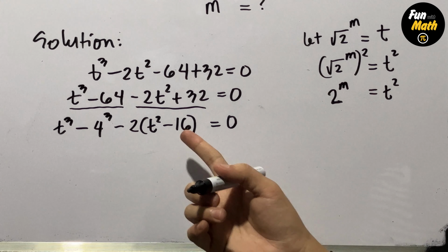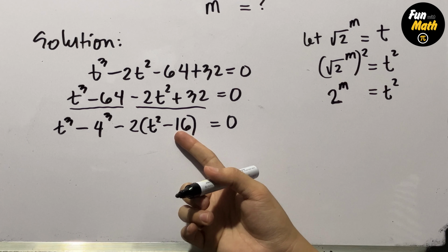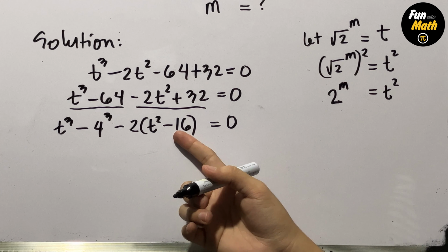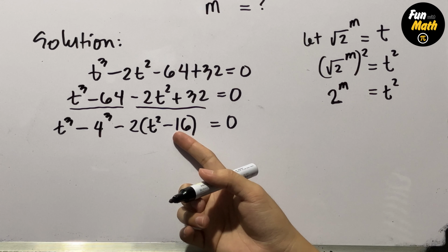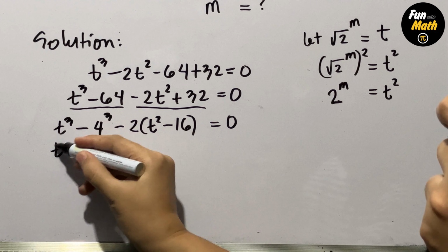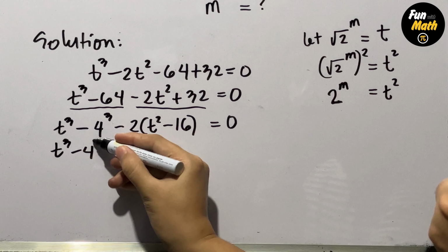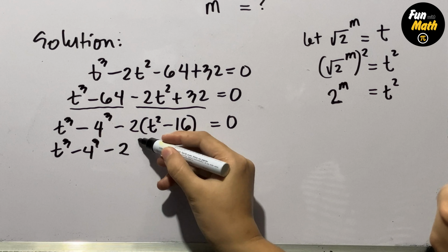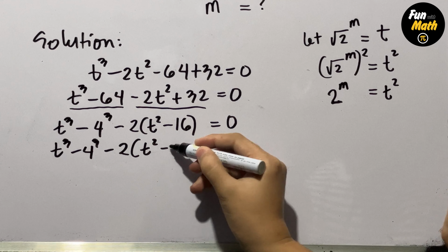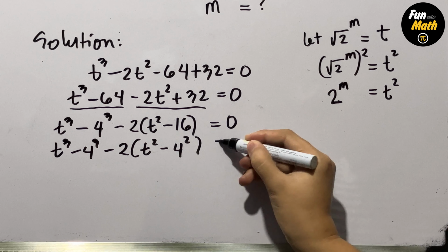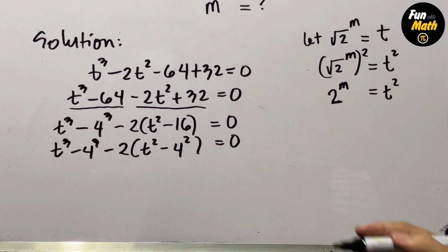Next, for this 16, we can write it in power form as 4 squared. So this is now t cubed minus 4 cubed minus 2 times t squared minus 4 squared is equal to 0.